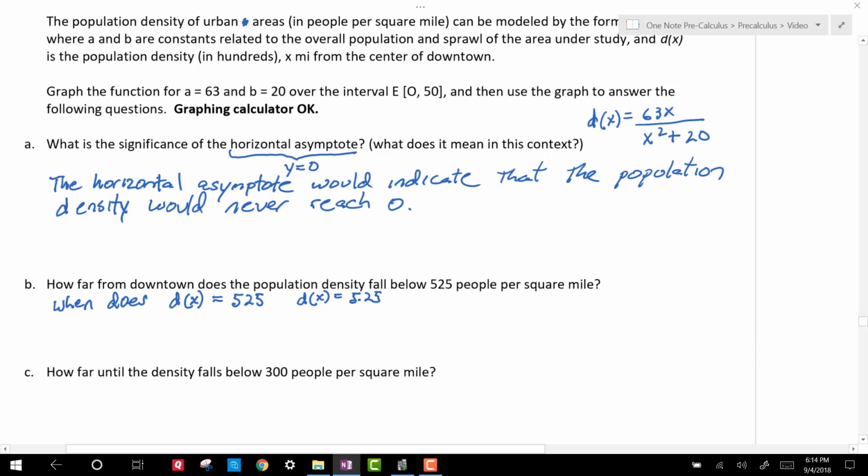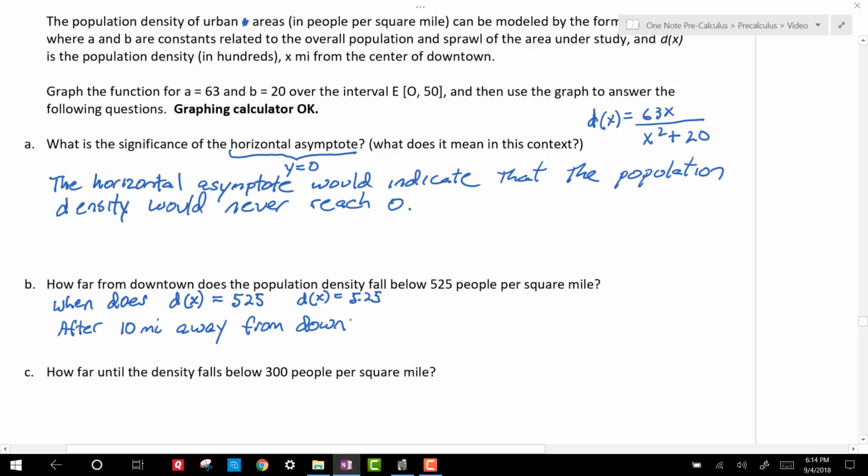So we would want to say, after 10 miles away from downtown, okay, is it exactly 10 miles? I'm still at 525.